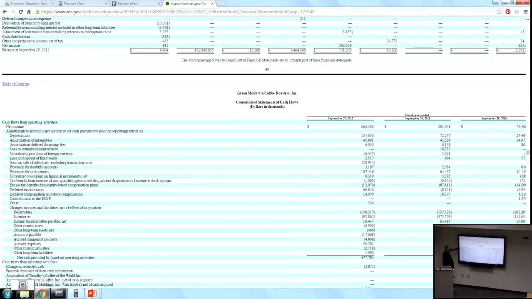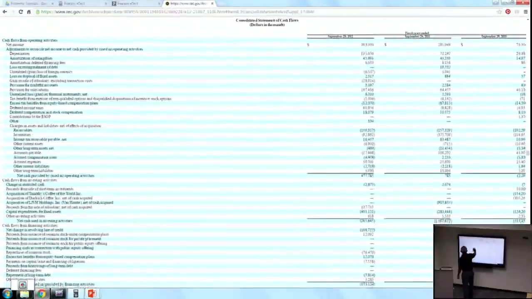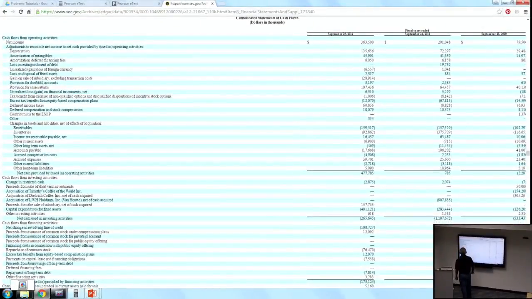Here is depreciation. Depreciation over here is 135.66. And again, in the statement of cash flow, I can find depreciation of 135.66. So that gives me that information.